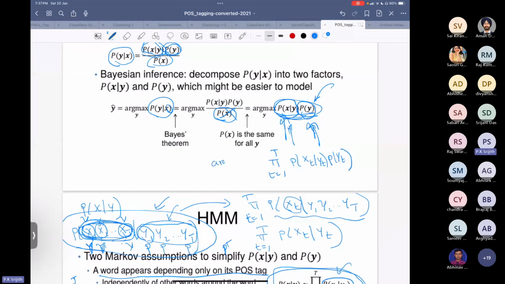And I am trying to do an arg max over y1 to yt of the product over t equal to 1 to t of p of xt given yt into p of yt. So is this any better than doing a point-wise prediction?